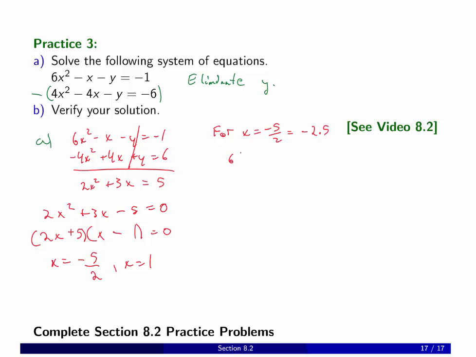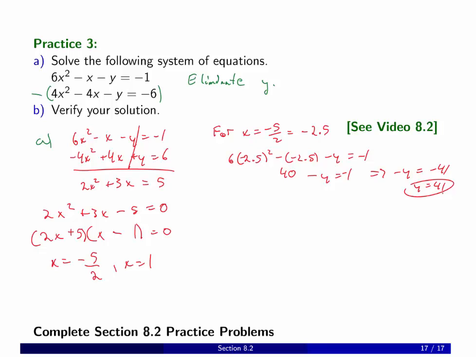We're going to have 6 times negative 2.5 squared, minus negative 2.5, minus y equals negative 1. Therefore, what we're going to be left with here, from the first terms together will give you 40 minus y equals negative 1, which will imply that negative y equals negative 41, so y equals 41.